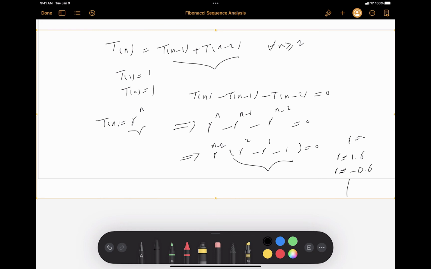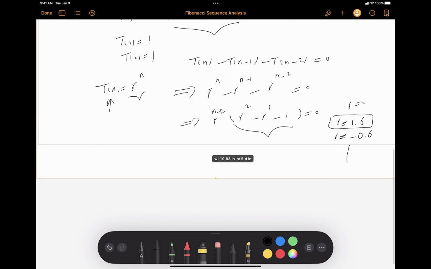Although, n is going to be a positive number, we can just ignore that and stick with the positive root, which is 1.6.